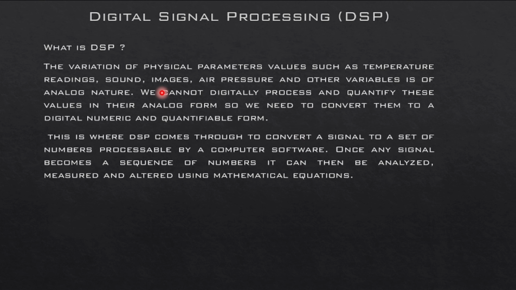So what is DSP? The variation of physical parameters or parameter values such as temperature readings, sound, images, air pressure, and other variables is of analog nature. We cannot digitally process and quantify these values in their analog form, so we need to convert them into a mathematical form, which is a digital numeric form and quantifiable form that we can count, that we can process, that we can work on.